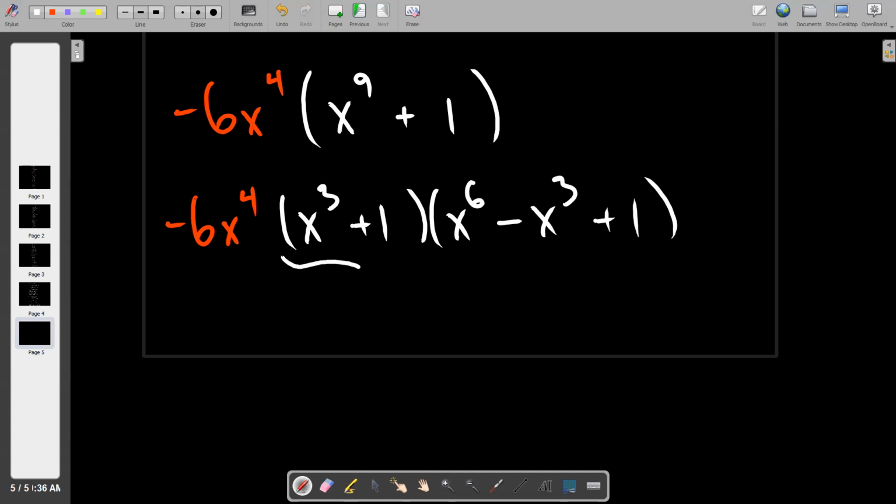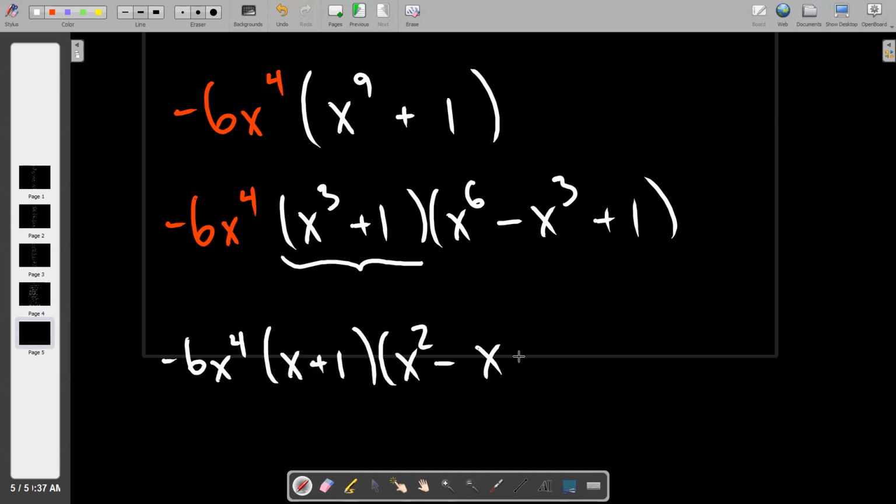It's a little sum of cubes. Isn't he a little cute one? Say hello, Cubie. A plus B times A squared minus AB plus B squared times the original set out. Done. One more.